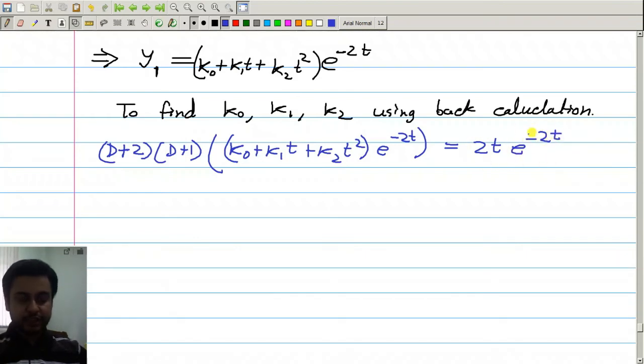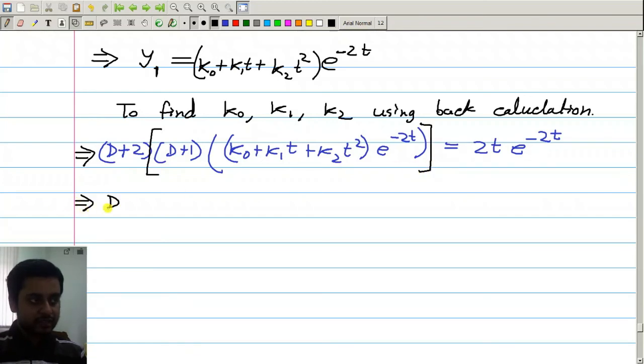That is the given input. Now let us first apply this operation on this signal, and we shall get D plus 2.